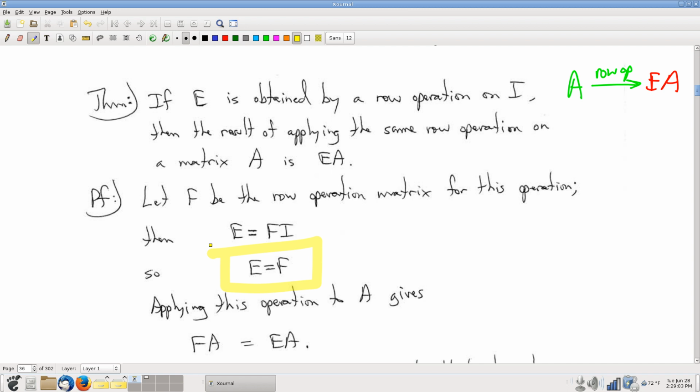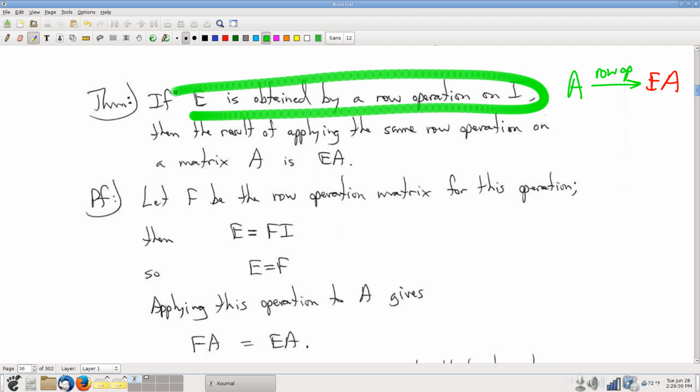What we have right here is the statement that elementary matrices are row operation matrices, and row operation matrices are elementary matrices. So with the understanding that elementary matrices and row operation matrices, even though they're defined differently, are ultimately the same thing, well, the theorem's actually not so surprising at all, right?